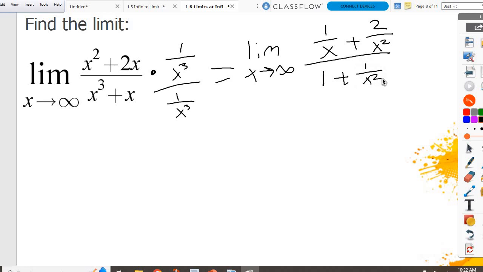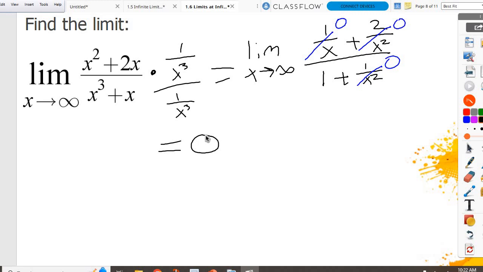Okay. So again, on both my x squareds, they're not just x's, but I have a number on top and something that's getting infinitely bigger on bottom. Are those still going towards 0? Yeah. So this fraction goes towards 0, this fraction goes towards 0, this fraction goes towards 0. So we have 0 divided by 1, which is just 0. Which is why if the bottom is getting bigger quicker, we still end up with 0. And this is why.